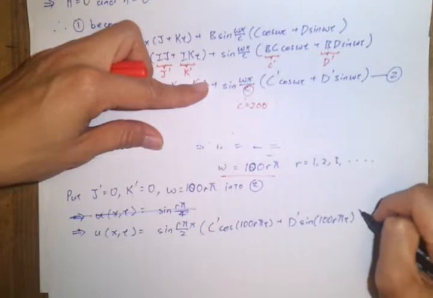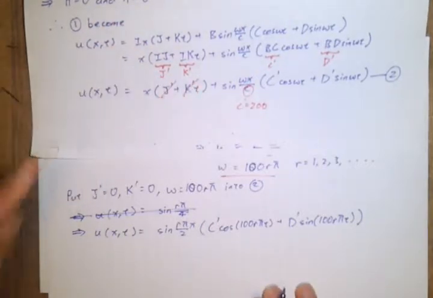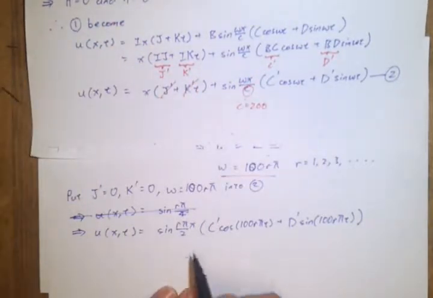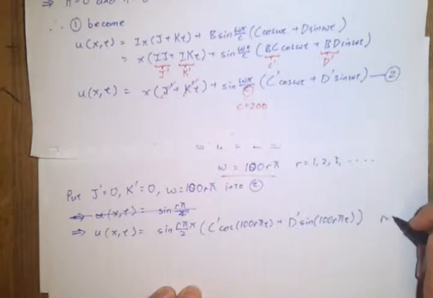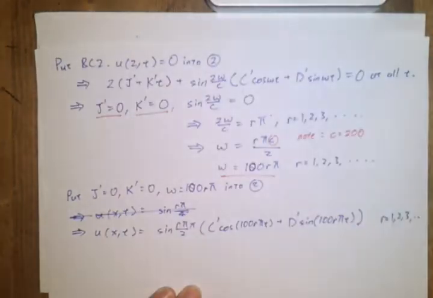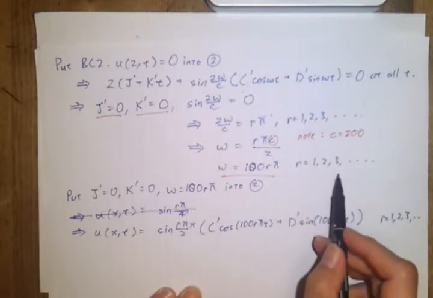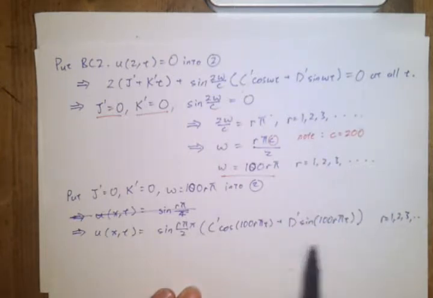Now remember what I told you in class, right? You can see that your r is 1, 2, 3. So you have many values of omega, and every value of r gives you a solution. If I have many different solutions, when I sum them all up, it's also a solution, right?